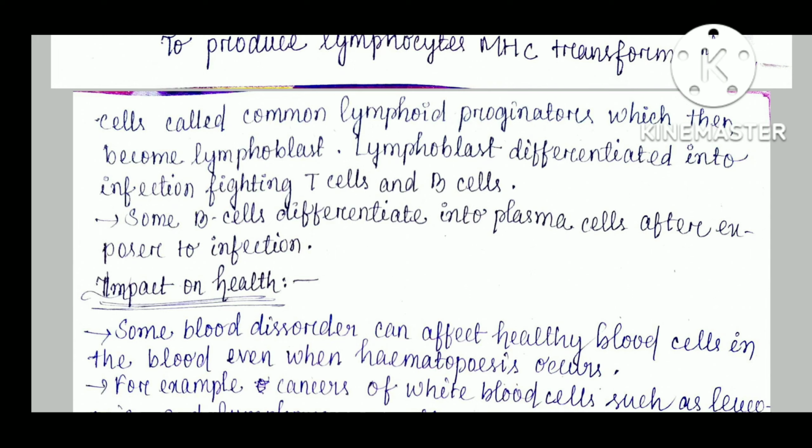To produce lymphocytes, MSCs transform into cells called common lymphoid progenitors, which then become lymphoblasts. The lymphoblasts differentiate into infection-fighting T cells and B cells. Some B cells differentiate into plasma cells after exposure to infection.